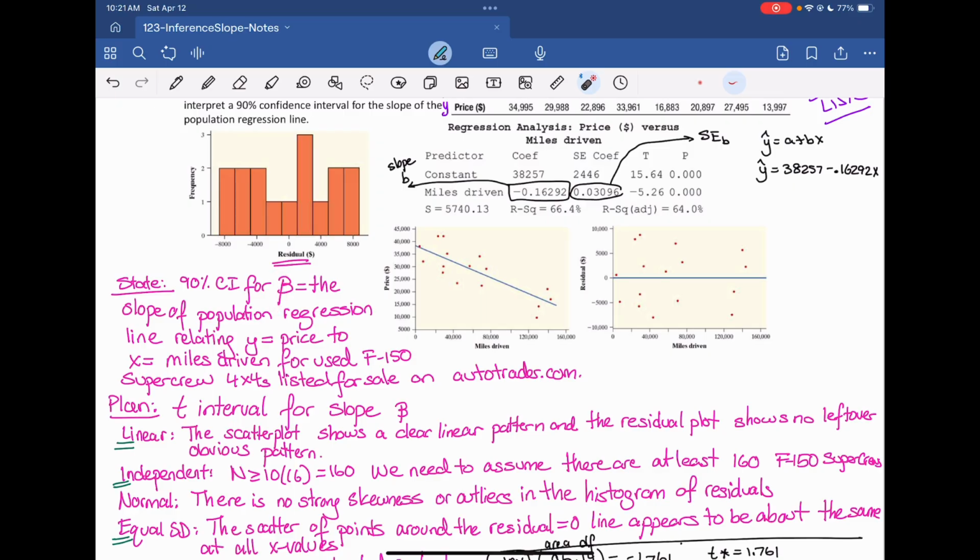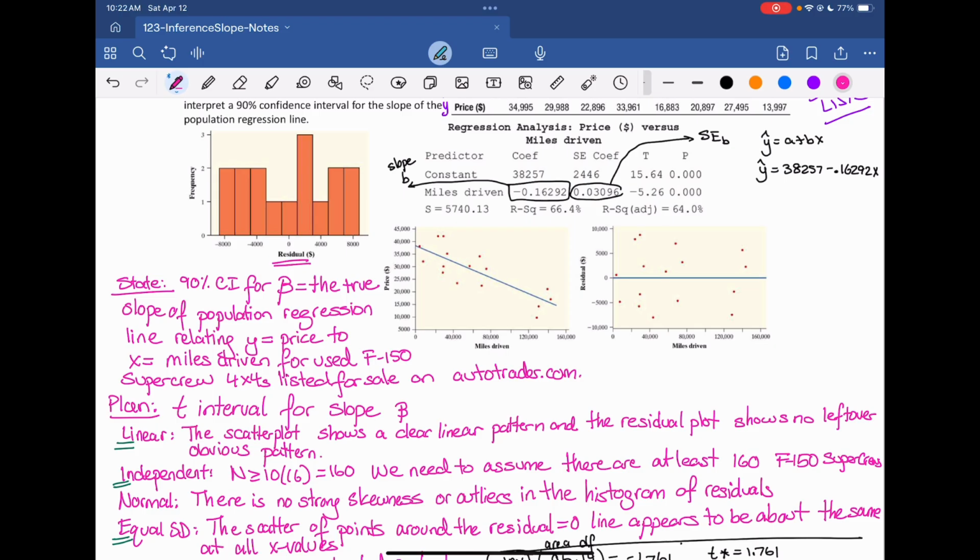And I like to put the word true in there: the true slope of the population regression line relating y equals price to x equals miles driven for used Ford F-150 Super Crew 4x4s listed for sale on autotrader.com.